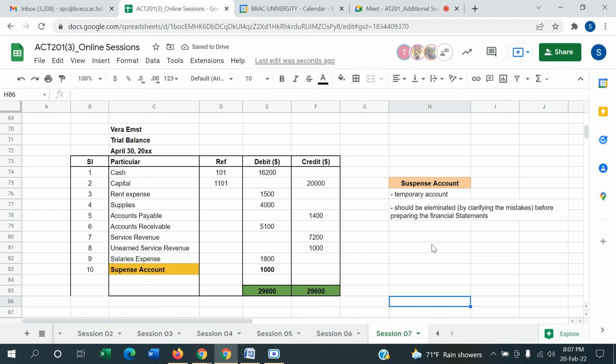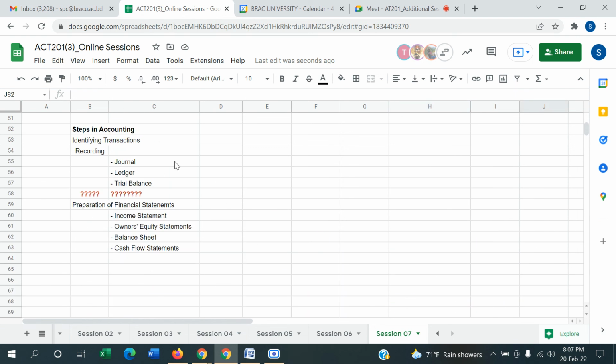Before preparing the financial statements. That's about the suspense account. So these are the issues you may face whenever you are preparing or concentrating on the recording system. The way we have to journalize the transactions, after identifying the transactions, we need to find out what specific accounts are related to that, how they are changing, and by applying the debit credit rule, we will do the journals.